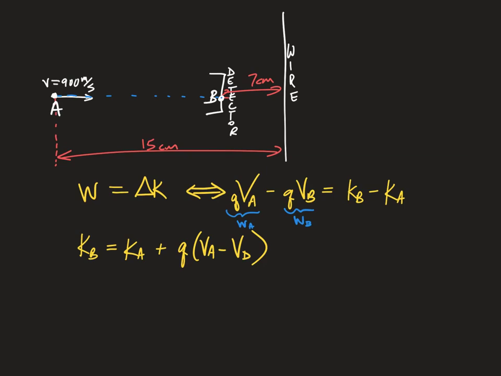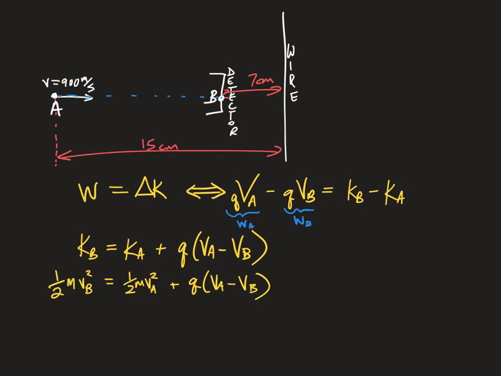All right? But sooner or later, you must write these out. So 1/2 mass times VB squared minus 1/2 mass times VA squared equals Q times (VA minus VB). All right.